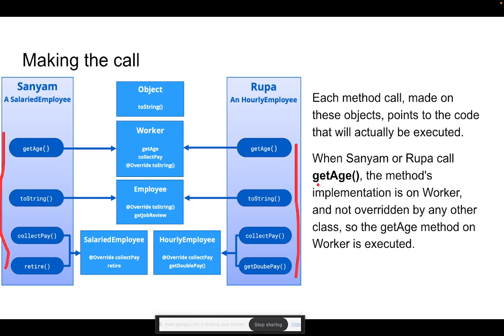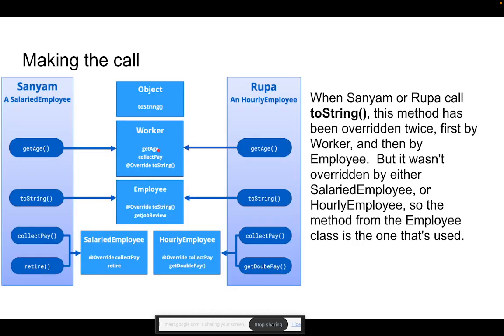Now when we call the getAge function for any of these objects, it will call the worker class, because there is only one place where we have defined it and we haven't overridden it. The second thing is toString.